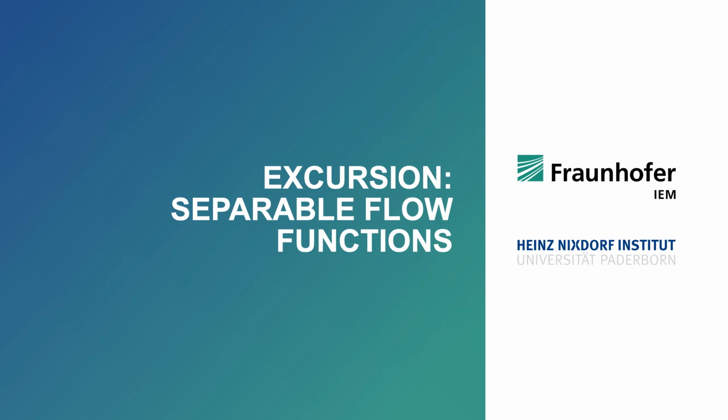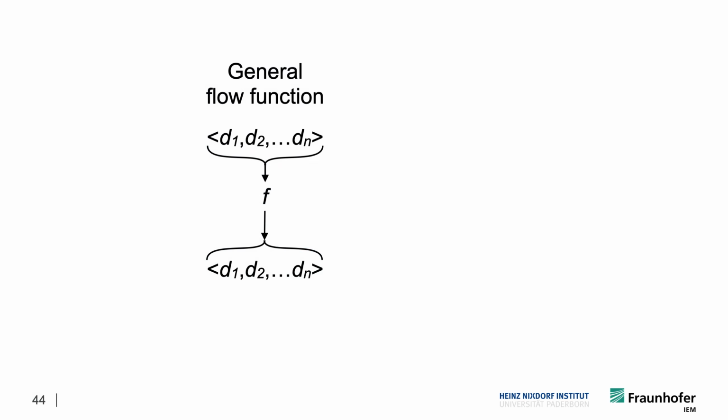So let's take a look at special classes of flow functions. And first I want to take a look at flow functions that are called separable. If you take a look at a very general flow function, it generally has this form. It takes a number of input values, some data flow values d1 to dn, and then computes some arbitrary function that gives you some other vector of data flow values d1 to dn.